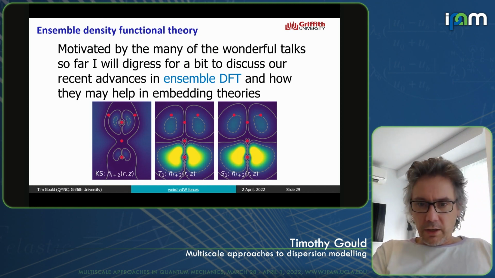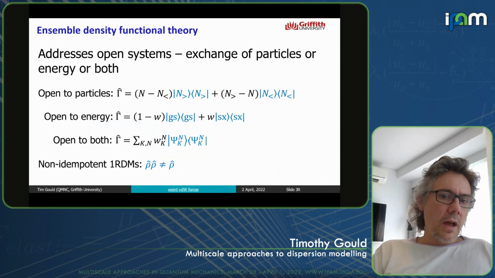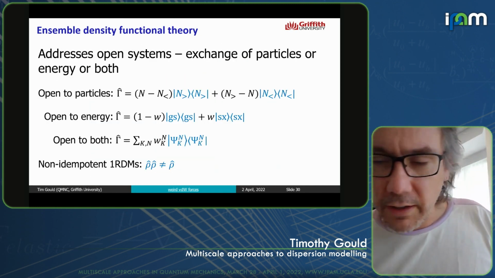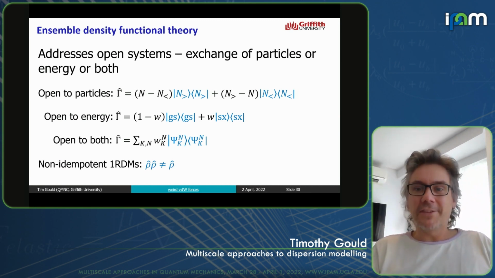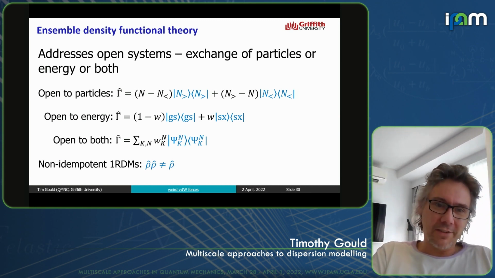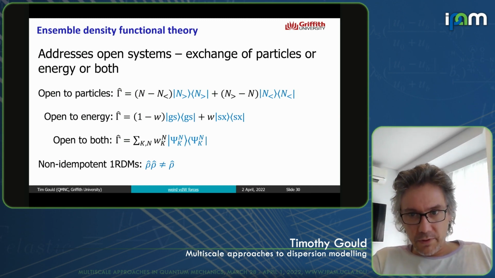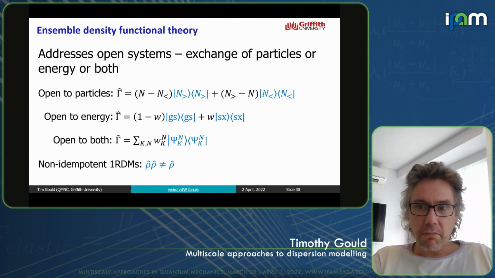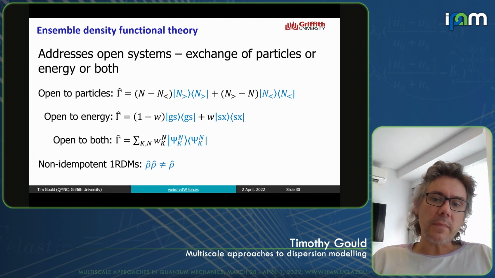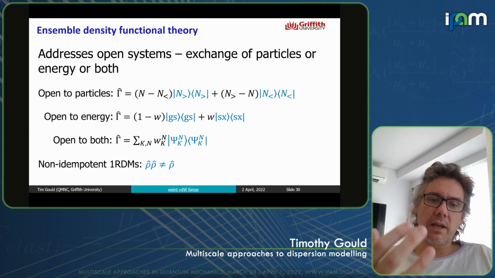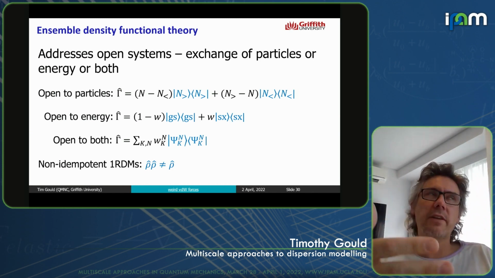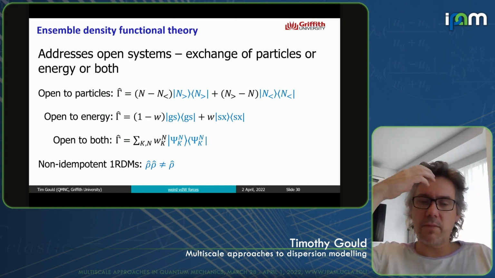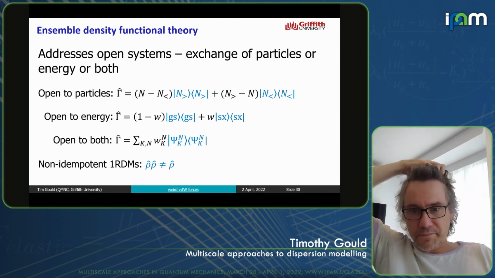You can ignore this picture. I just got jealous because everyone has nice pictures and I have too many words. Ensemble density functional theory is, as the name suggests, density functional theory for quantum state ensembles, not classical ensembles, though I suppose it could be. The idea is that you have theorems and behaviors which allow you to connect your quantum system of relevance to a bath.